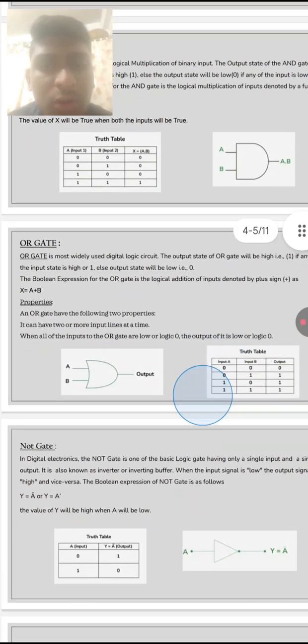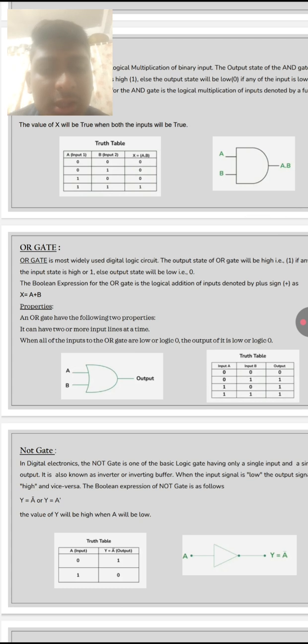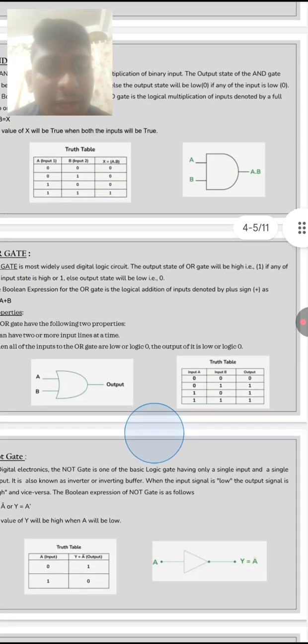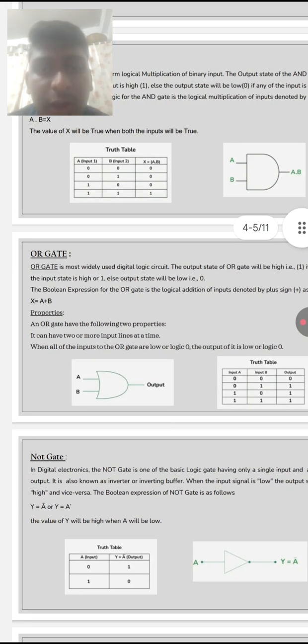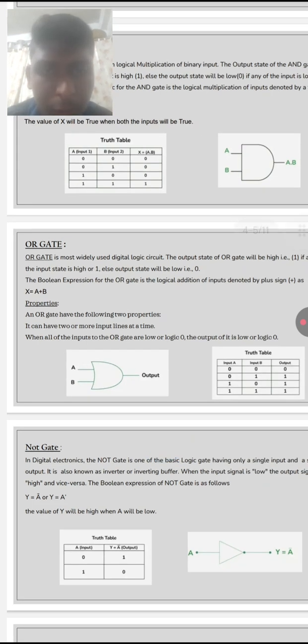Now we are going to the OR gate, one of the most widely used digital circuits. The output state of the OR gate will be high 1 if any one of the input states is high or 1, else the output state will be low, 0.